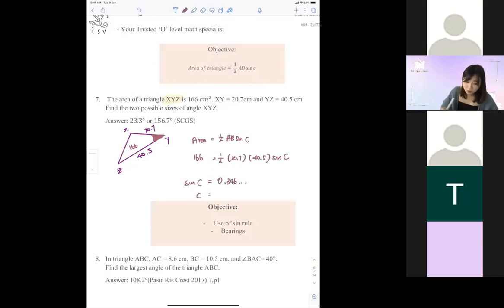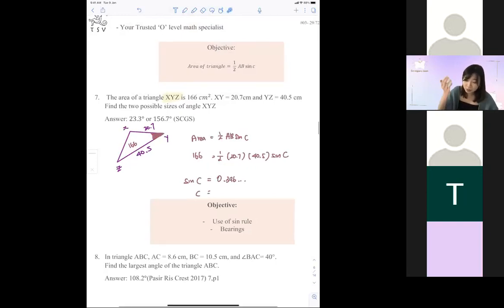Make sure that you are in your degree mode, because sometimes you do arc length, you may be in radian mode, unless they say that they want radian. If not, every time angle, they will want degree. So this is 23.3 something. Every time if it's in degree, angle 1 dp, everything else radian or every other answer 3 SF.